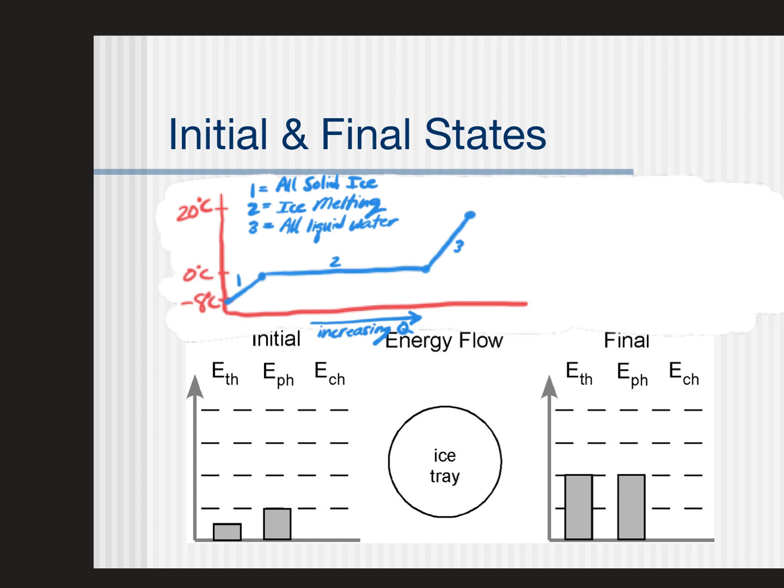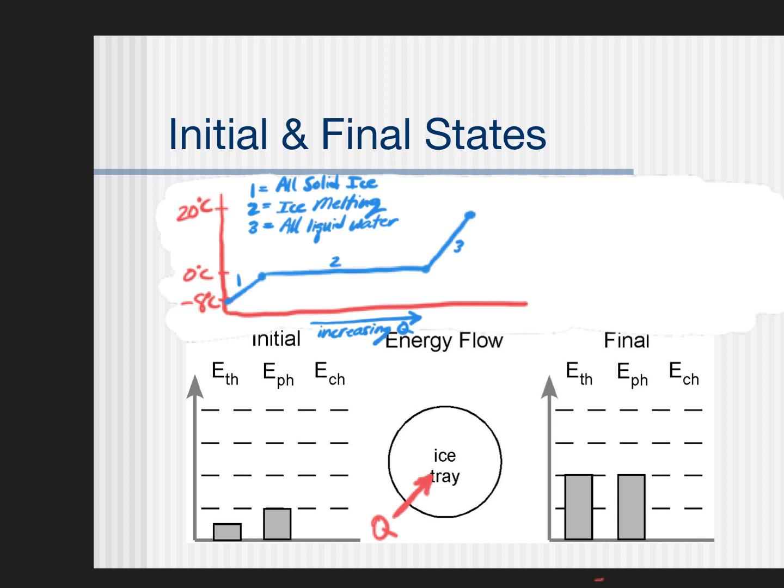Okay, now we know that we're adding heat to this all the time. So heat is going into the ice tray. Okay, so Q is going into the ice tray.